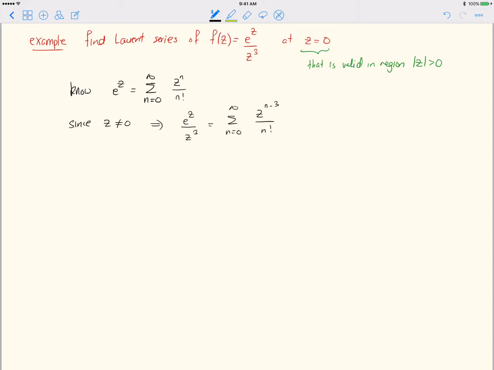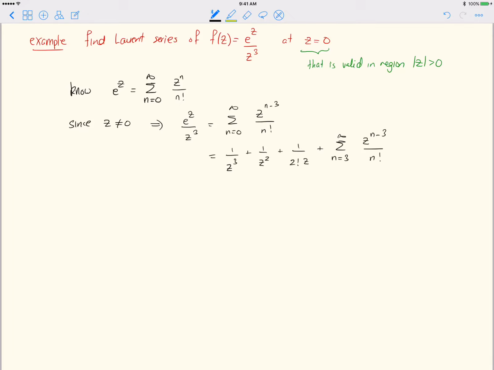If I was to write the first few terms out of this one, I would get 1 on z cubed plus 1 on z squared plus 1 on 2 factorial z plus, and then the rest would be the positive powers, I guess, or the non-negative powers.